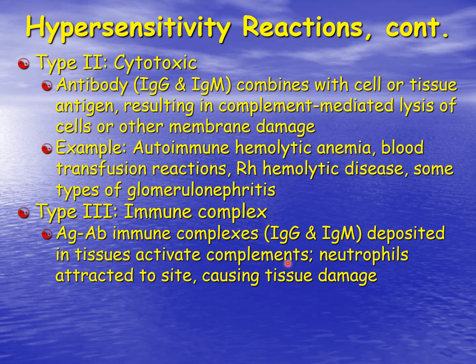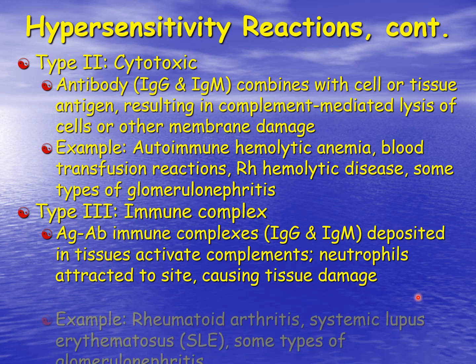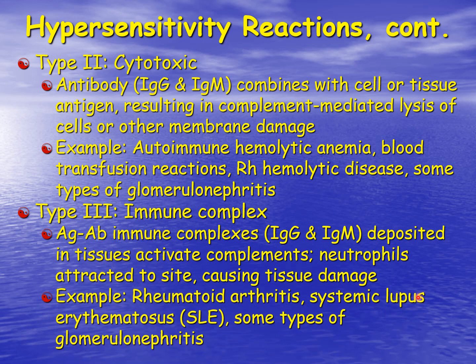This activates complement, and neutrophils will be attracted to the site by the complement proteins, and this results in further tissue damage. Some examples of type 3 hypersensitivity reactions include rheumatoid arthritis, systemic lupus erythematosus, which is the poster child of all autoimmune diseases, and again, some forms of glomerulonephritis.